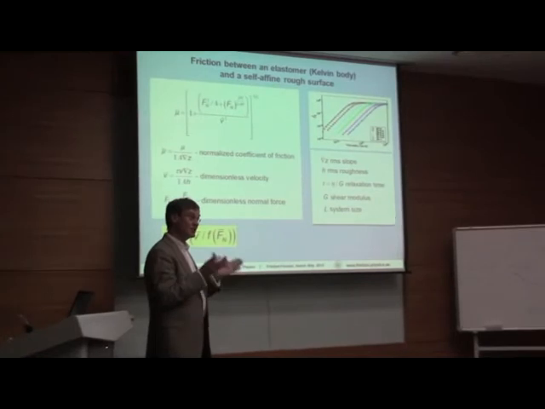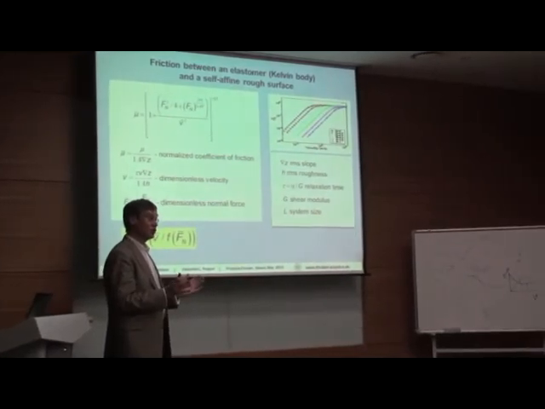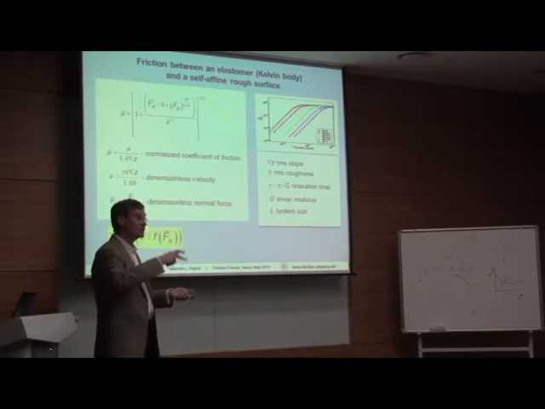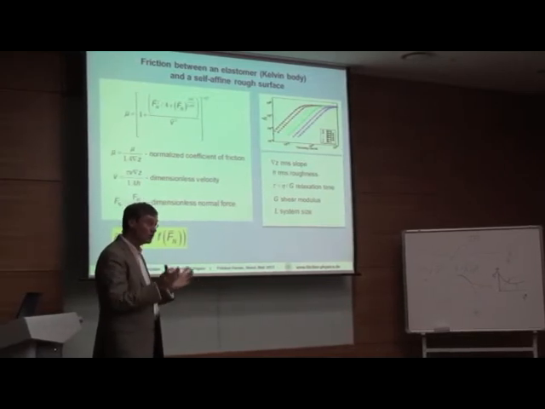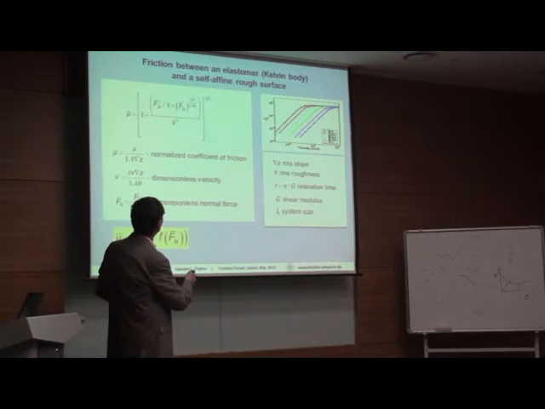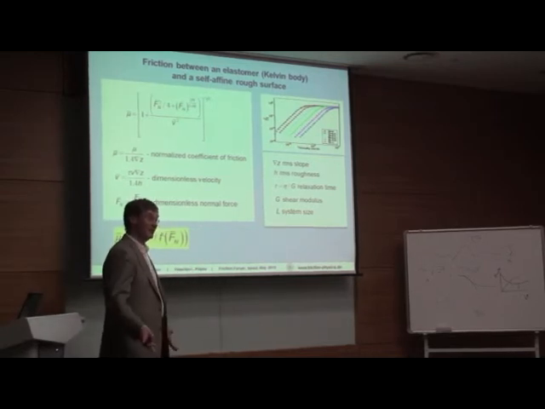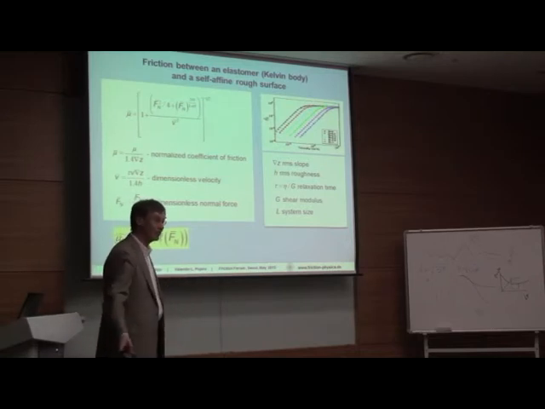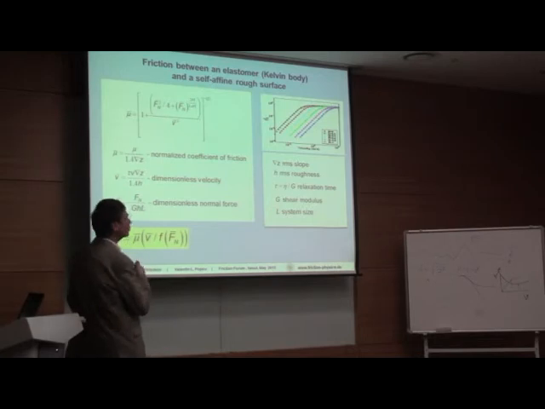It is just the gradient and nothing more. It does not depend on the force, the velocity, the size of the system, or the roughness, only on the gradient. If you are in another part, it does depend on everything: the size of the system, the force, the roughness, the velocity, but not arbitrarily, only in this relatively simple form.